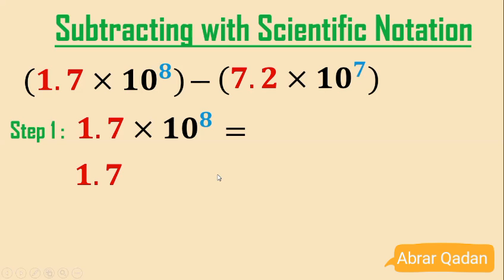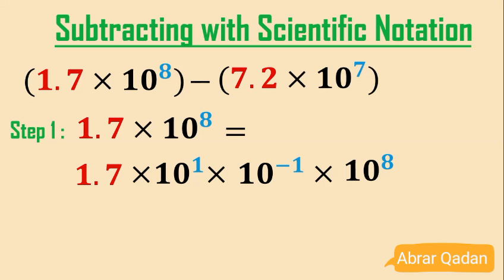So what I will do, 1.7 the same, and times 10 to the power 1, multiply by 10 to the power 1, and times 10 to the power negative 1 to make balance for the solution, times 10 to the power 8. Now from 10 to the power negative 1 times 10 to the power 8, we can get 10 to the power 7.